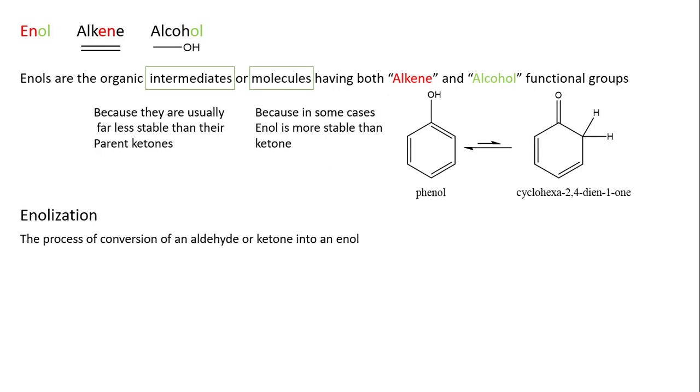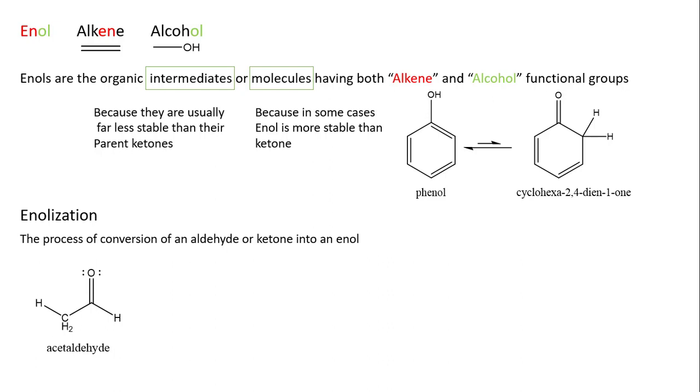So let us start with an aldehyde. The simplest aldehyde which is enolizable is acetaldehyde. And acetaldehyde is enolizable because it has the alpha hydrogen. The alpha hydrogen is acidic, which can be abstracted by the lone pair of electrons of oxygen.